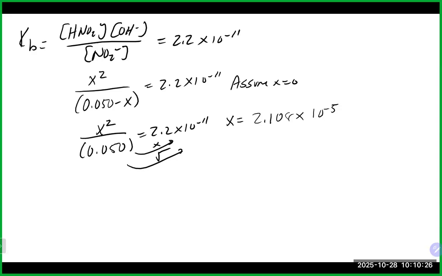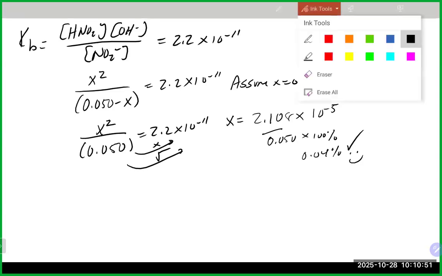We again want to make sure that we do check our value. So we do want to take this divided by 0.05 times 100%. That's going to give us 0.04%, which means the check here is good. So we do have our x values.